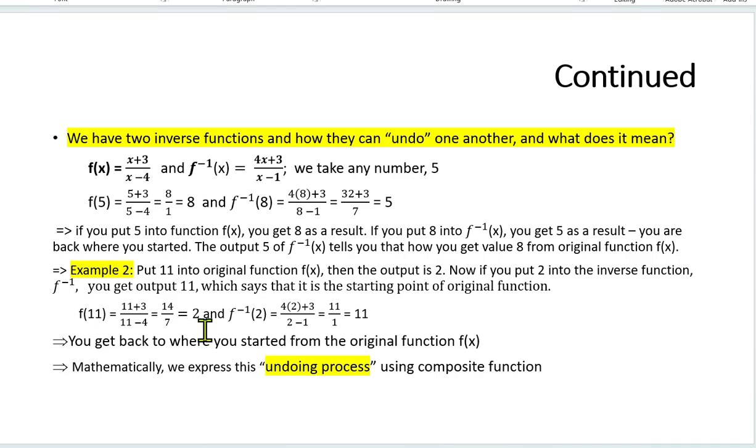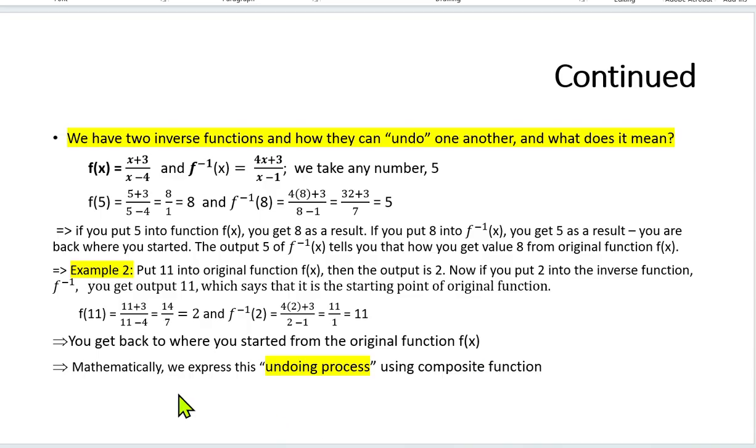So whichever way you change the order, from the original function to the inverse function, or from the inverse function to the original function, you get back to the starting point, where you started from.